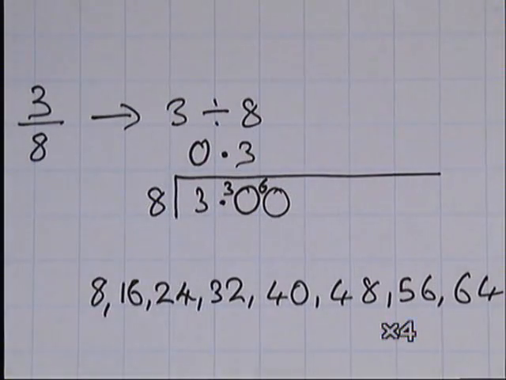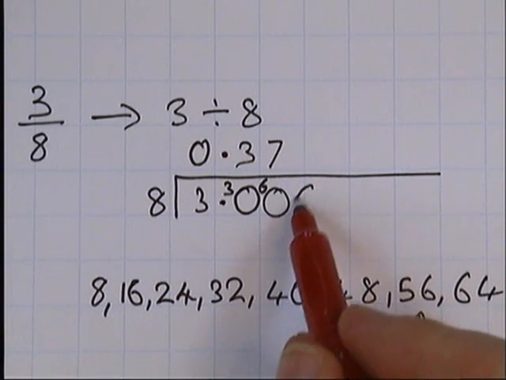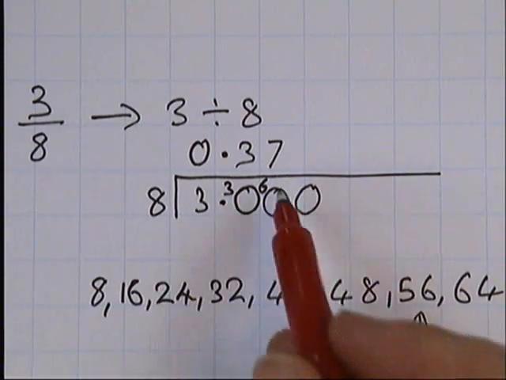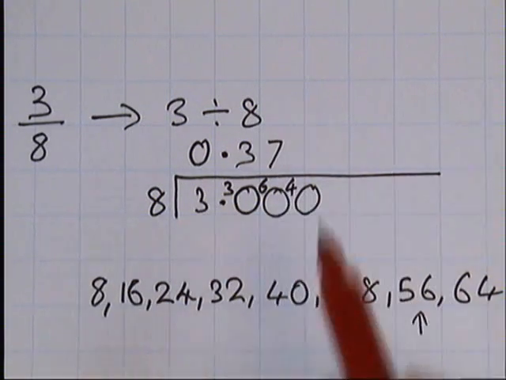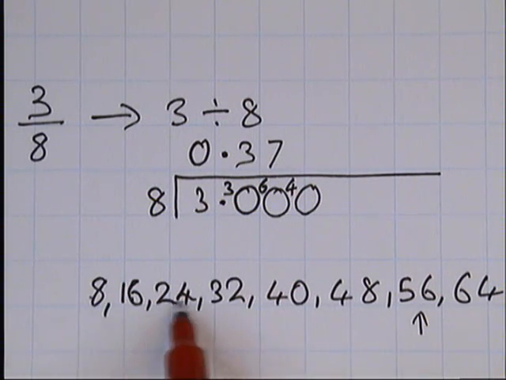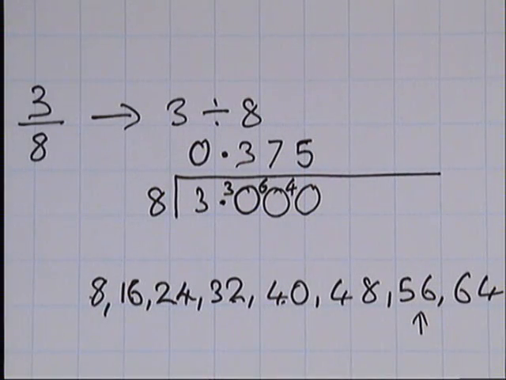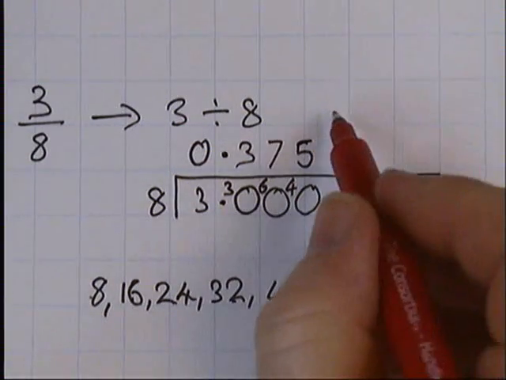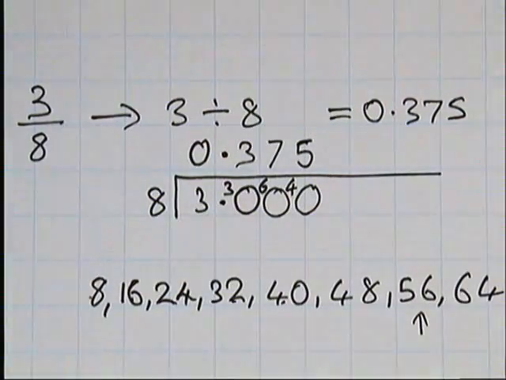Count along now. 1, 2, 3, 4, 5, 6, 7. So 7 8s make 56. And we wanted 60. So to get from 56 to 60, there's 4 left over. So we carry the 4. And how many 8s are there in 40? 1, 2, 3, 4, 5. Answer is 5. So 3 divided by 8 is 0.375.